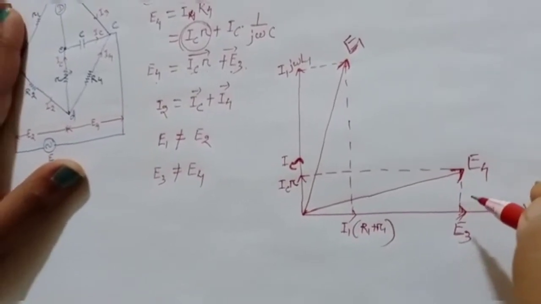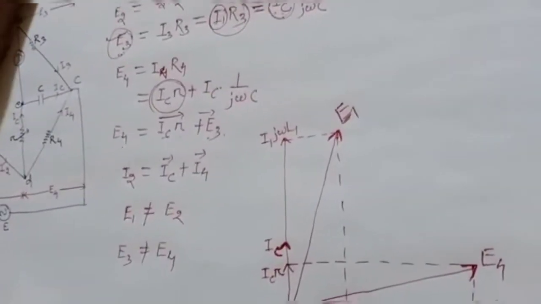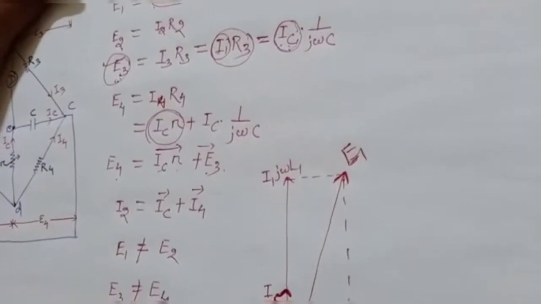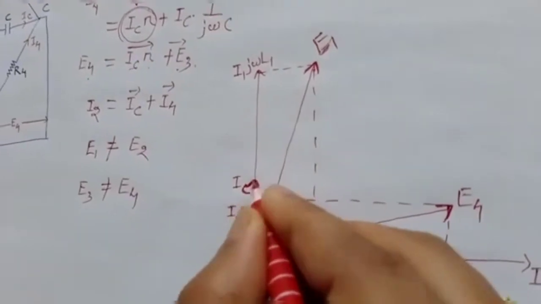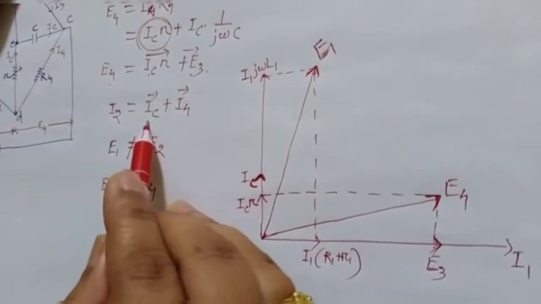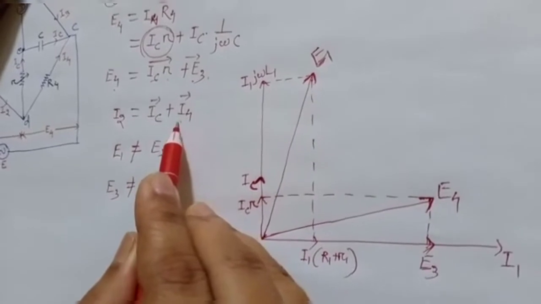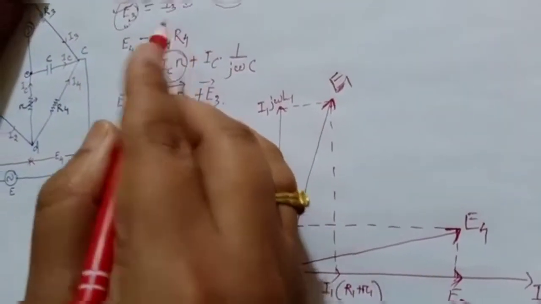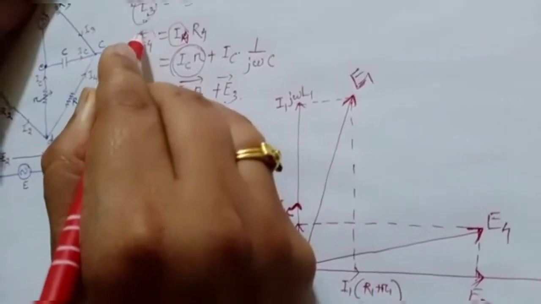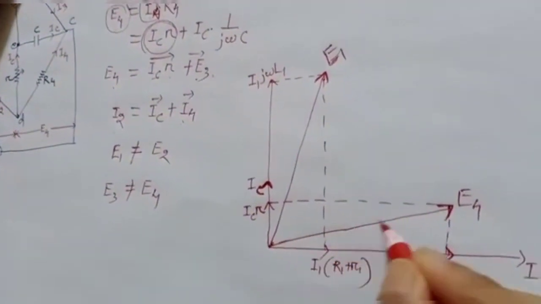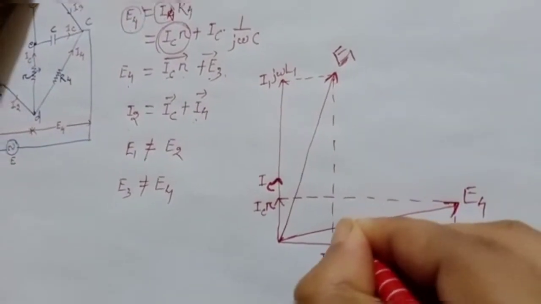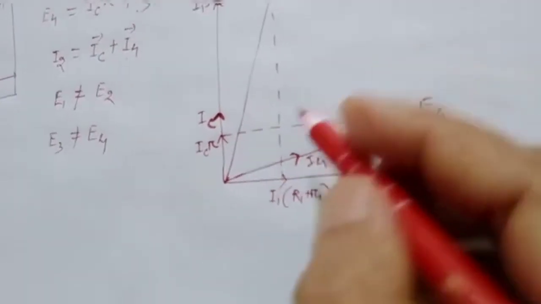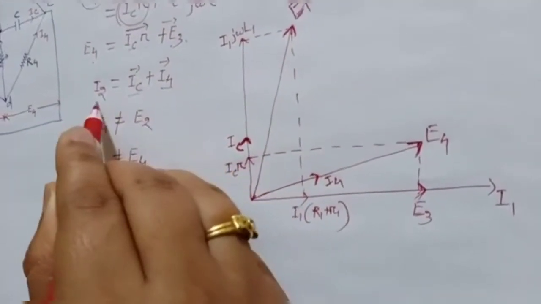Then E2 is left. The value of E2 is I2 into R2, so we need to find I2 first. Here this is IC. We know that I2 is equal to IC plus I4. Then E4 is equal to I4 into R4, so obviously I4 should be in phase with E4. So it is here, this is I4, and the phasor sum of IC and I4 will give us I2.